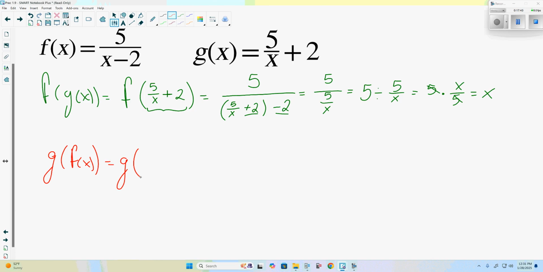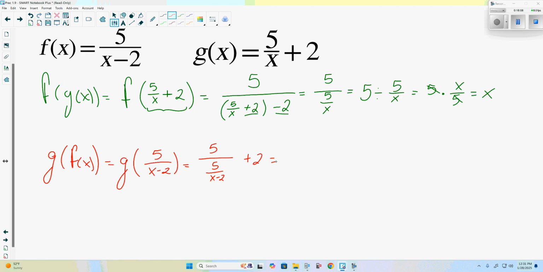Now g of f of x. Just like with the previous one, we'll replace f of x with its function, 5 over x minus 2. Now we're going to plug that into every x in g of x. So we'll have 5 over x minus 2 plus 2.